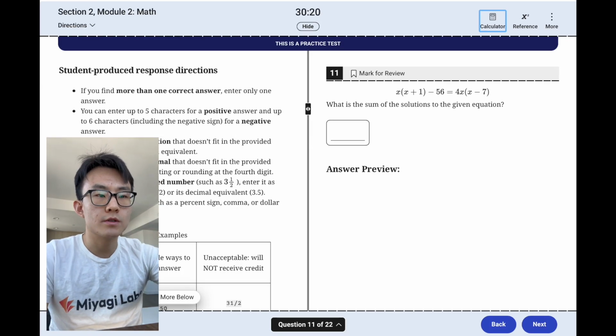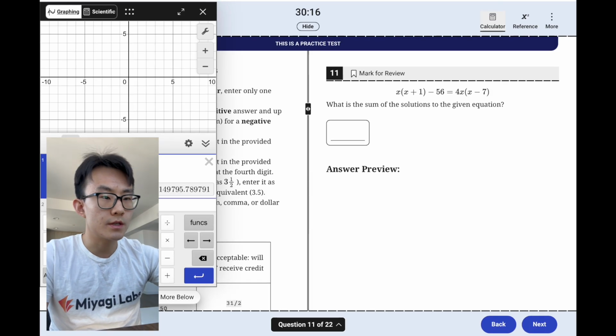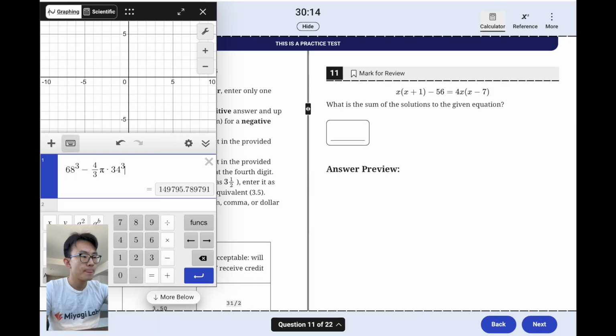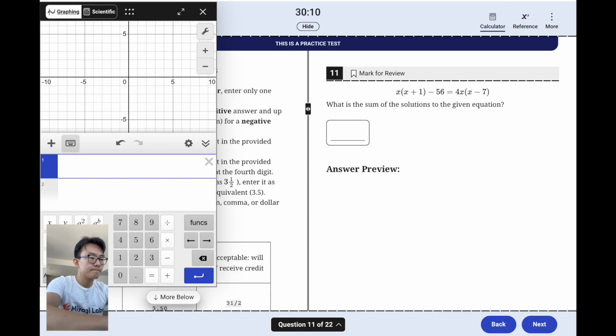What's the sum of the solutions to this? Let's just Desmos this. X plus 1.